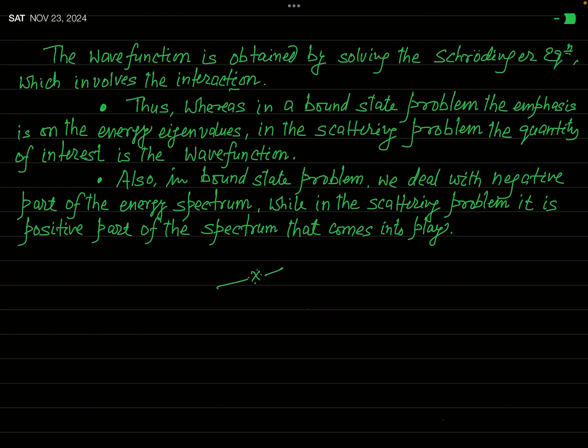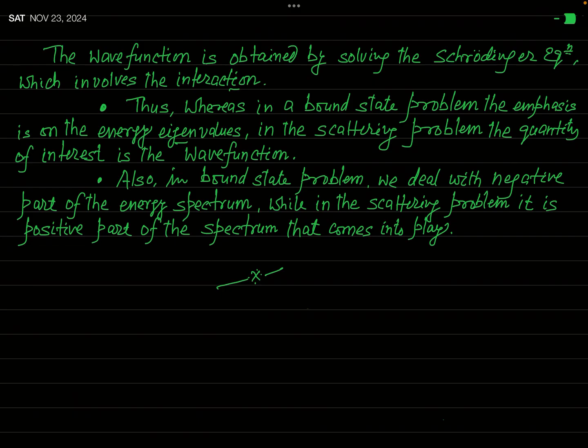Whereas in a bound state problem, the emphasis is on the energy eigenvalues. You have discussed in this playlist of quantum mechanics on my channel so many bound state problems like the particle in a box, and in those problems, which are called bound state problems, our prime aim is to find the energy eigenvalue of the particle or the system. So in a bound state problem, the emphasis is on the energy eigenvalue.